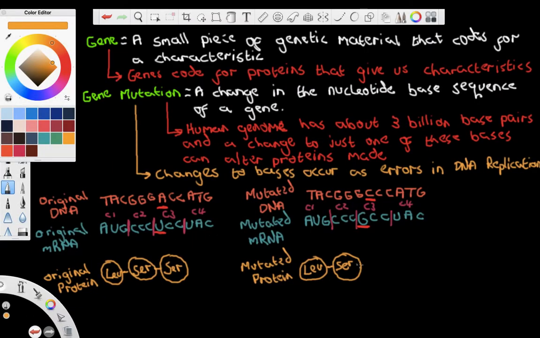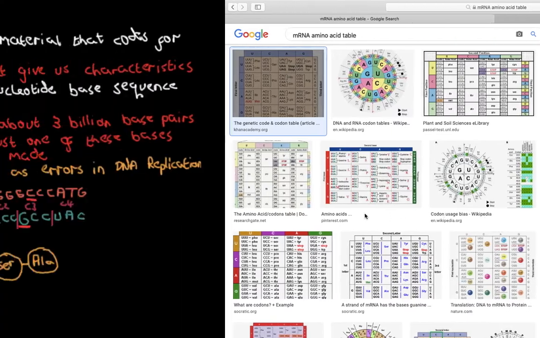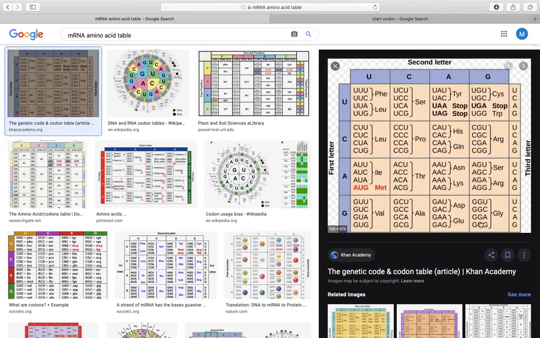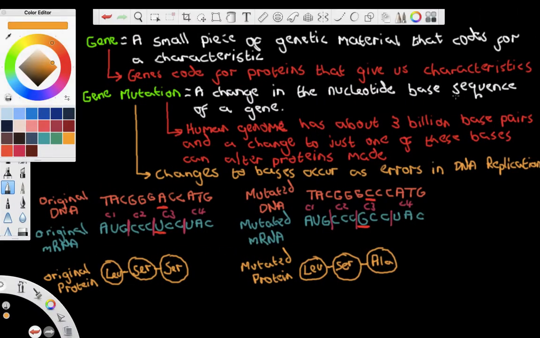So just because of this single base that's changed, we've now got a different amino acid in the chain. Our final one is UAC. UAC is tyrosine, TYR. So both would still have TYR. And that would be our polypeptide formed. Okay, that would be the primary structure of the two proteins formed.